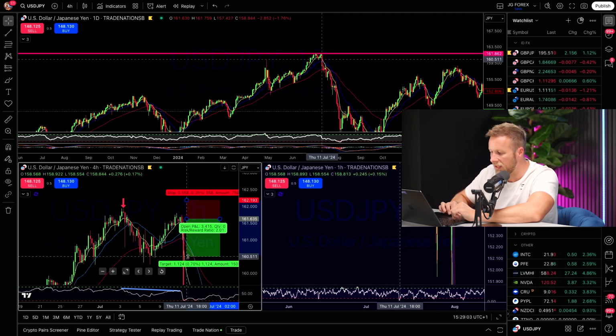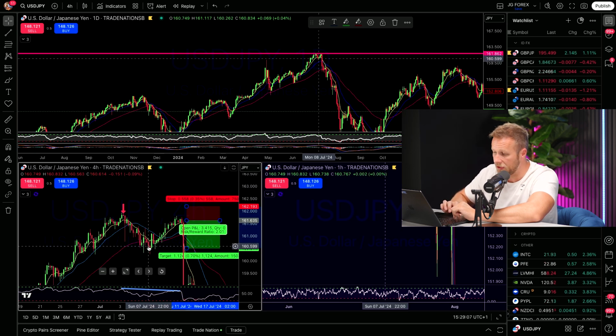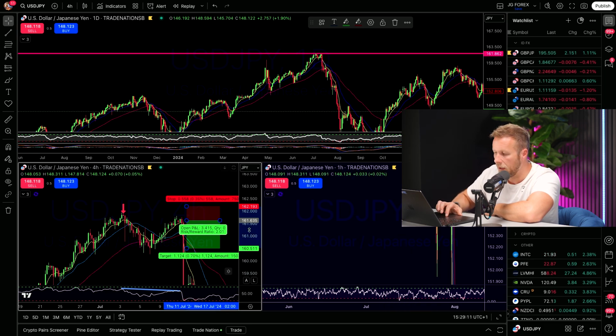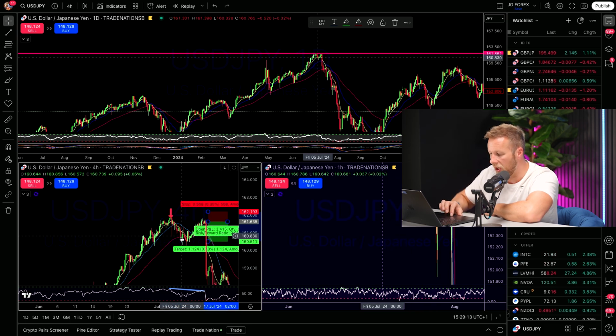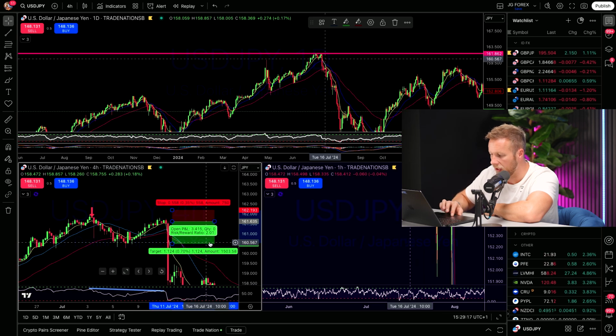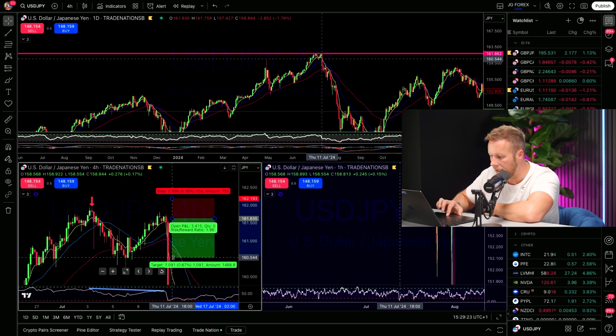And target for this instance, we're just going to go down here at this structure level, right? So normally with double tops, I take a bigger target, okay? But because I don't want to zoom in and out of charts, we're just going to go at the retracement again, okay? So we're going to go at the lowest close of this retracement, which is going to be here at 160.54.